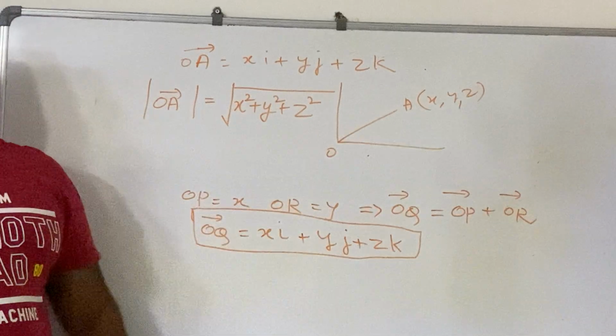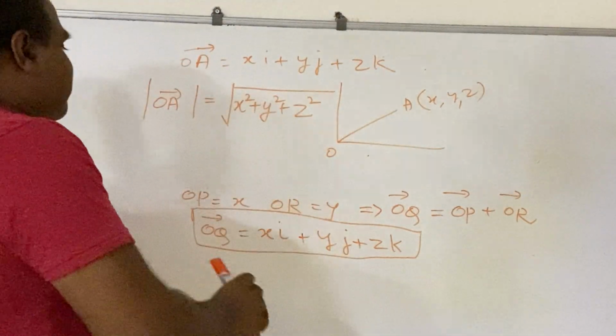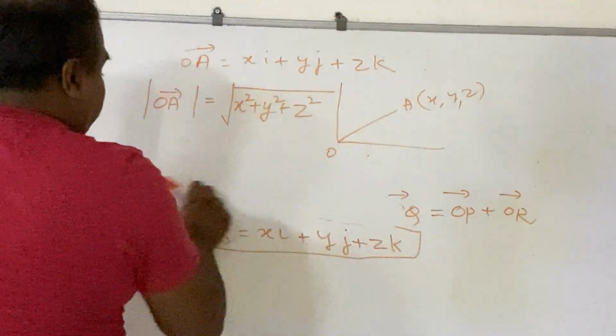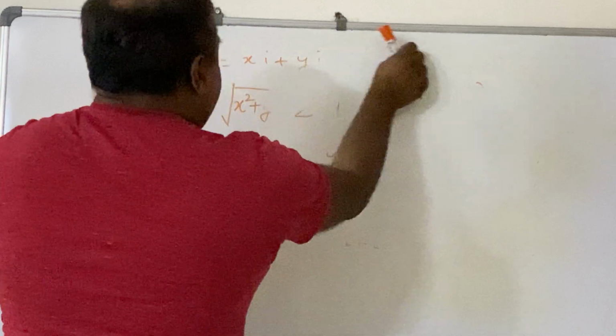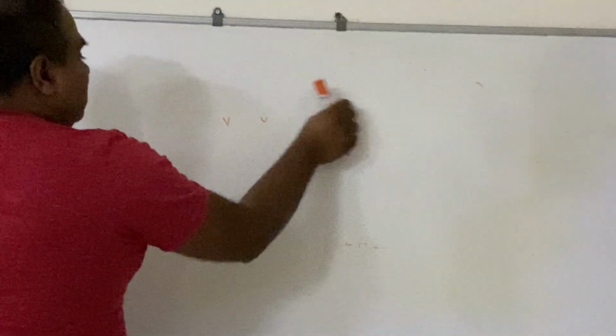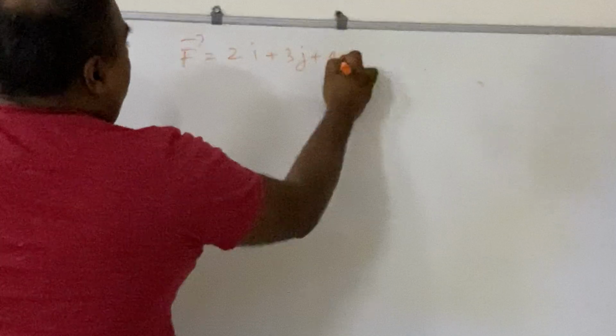I will give you a very simple question, for your understanding; you won't get it in your exam, but it helps to understand this concept more clearly. For example, vector f is 2i plus 3j plus 4k.